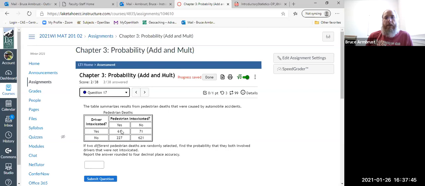So basically you read this like this: 61 means that 61 of these deaths, overall deaths, occurred where both the pedestrian and driver were intoxicated. 227, the driver was not, but the pedestrian was. 71, the driver was, but the pedestrian wasn't, and so on. Okay, so if 2 different pedestrian deaths are randomly selected, find the probability that they both involve drivers that were not intoxicated.